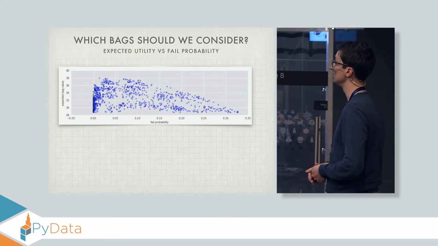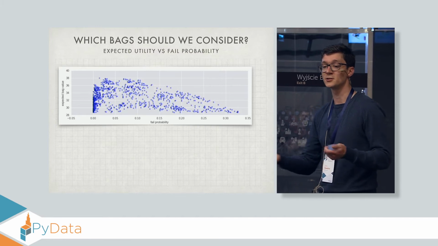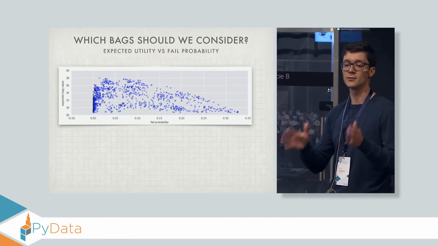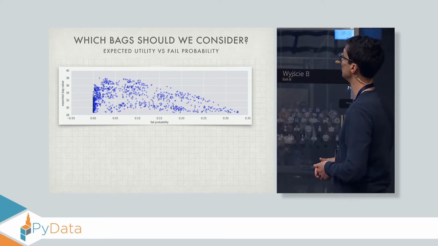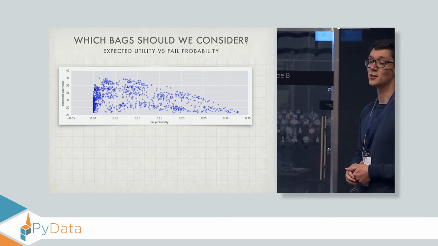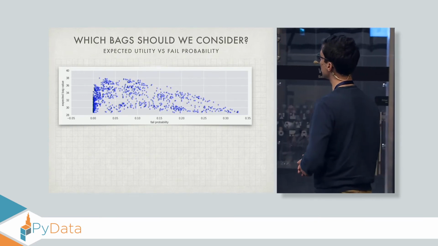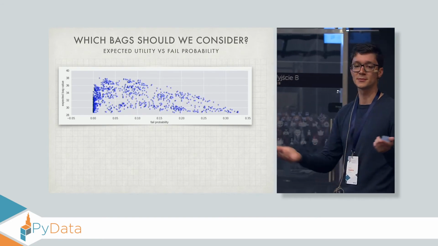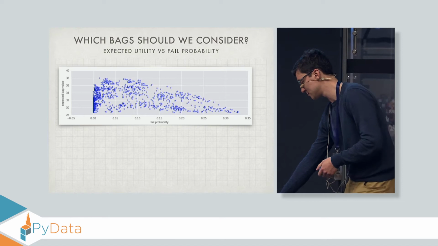So these are the ones you see in the left corner. Those are the bags that are sort of always around the same weight. Then there are some bags that have a higher fail probability. Those are the bags that are closer to 50, but they'll fail more often. And now the question is, which of these types of bags should you use in your optimization?